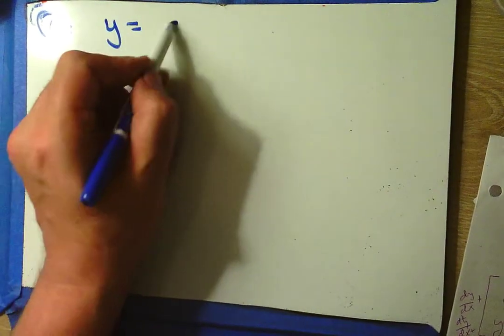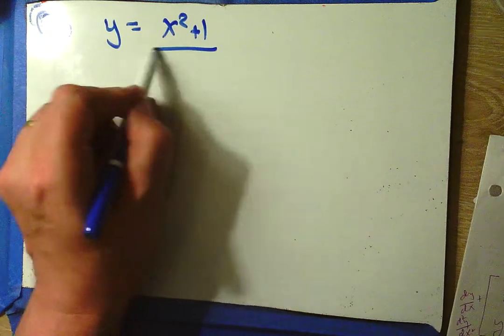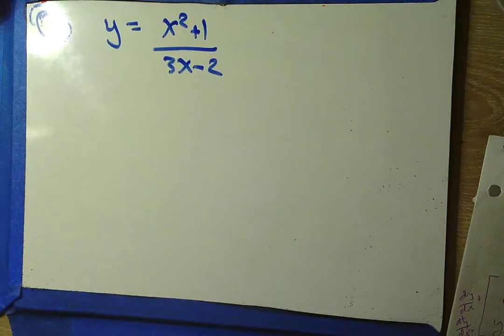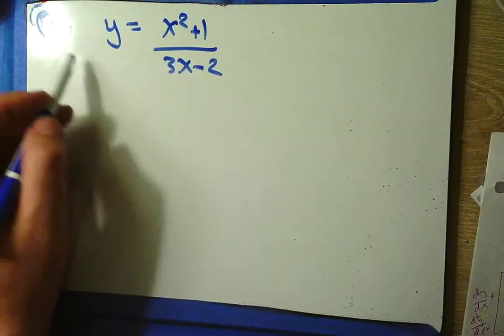Why don't you try this one? Y equals x squared plus 1 over 3x minus 2. Pause the video now and give it a try. Okay, welcome back.